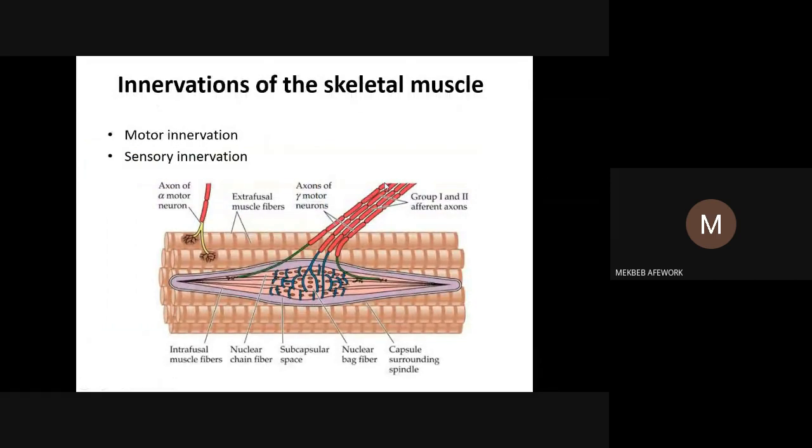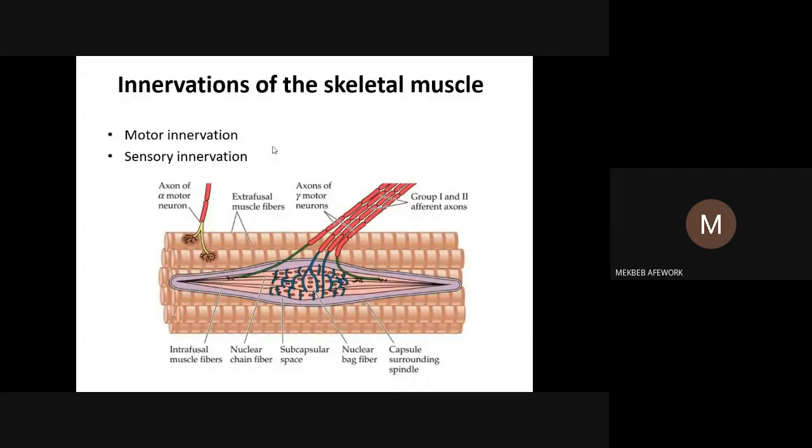And for such muscles to be able to carry on their functions, they have to be innervated. The innervation is motor, the transmitter is acetylcholine, cholinergic innervation, but the muscle should also be gauged with regard to the extent of its working.